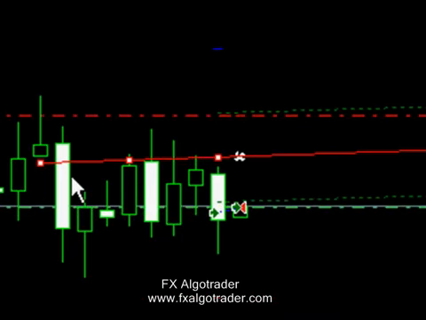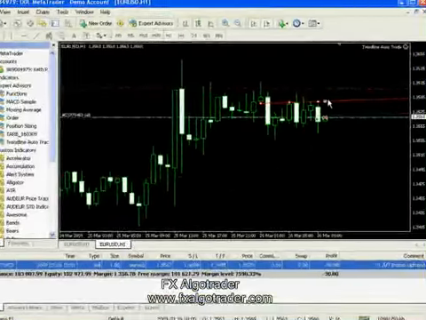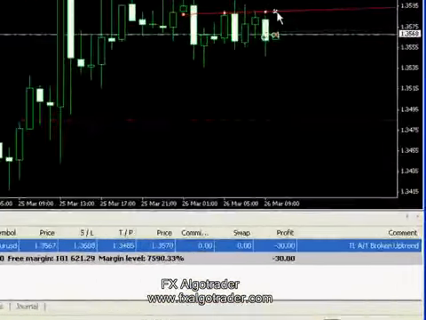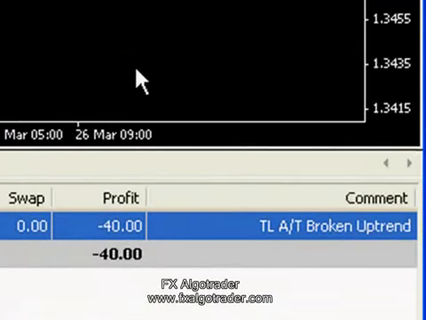Okay, we can see what's happened is as soon as the trend line was broken, a cross is actually marked on the trend line saying broken, and our long trade was closed automatically by the system, and immediately a short trade was executed with a comment TLAT, trendline auto trade, broken uptrend.